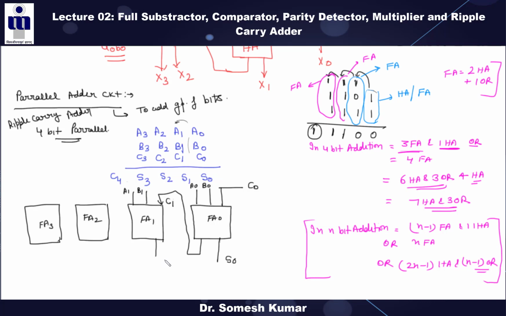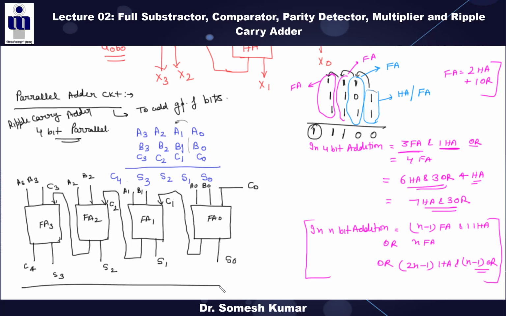What is the output of the second full adder? S1, and similarly this carry is floated to the next full adder, right? So this is C2. Similarly the output is S2, and similarly this carry is floated to the next. This is C3, with A2, B2, and here A3, B3, right? This is your S3, and this will give you C4, right? So this is your circuit for the 4-bit parallel carry adder, right?